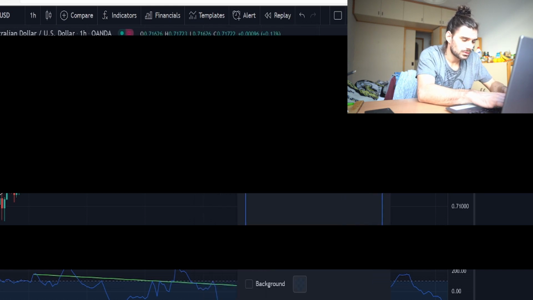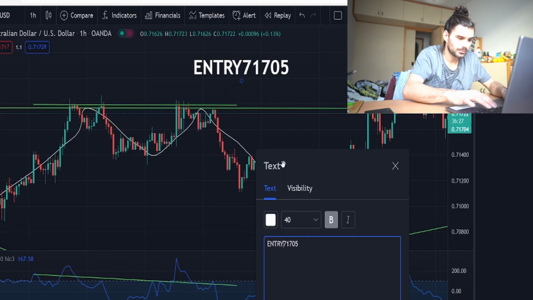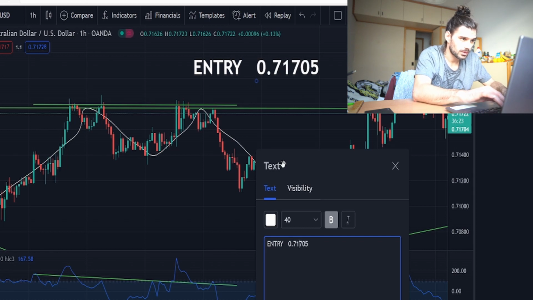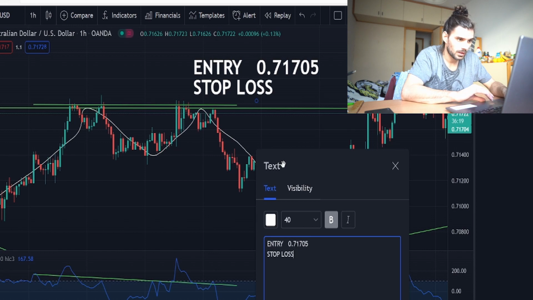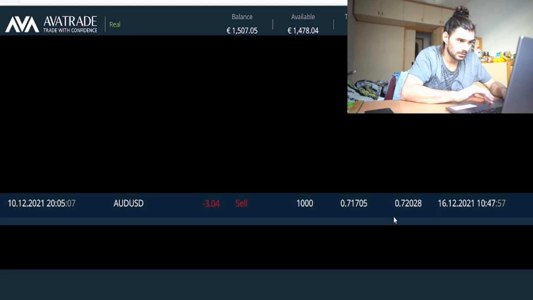So 71705 was my entry. And the stop loss got hit at 7228.